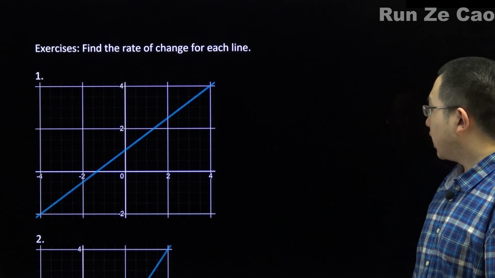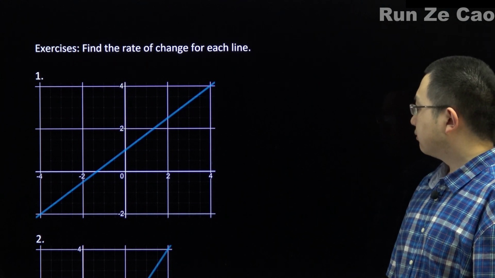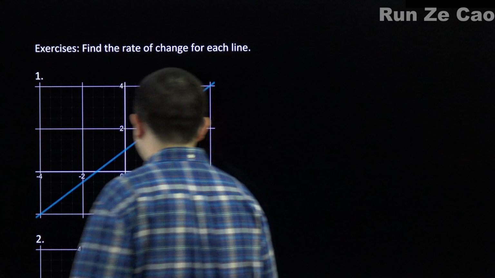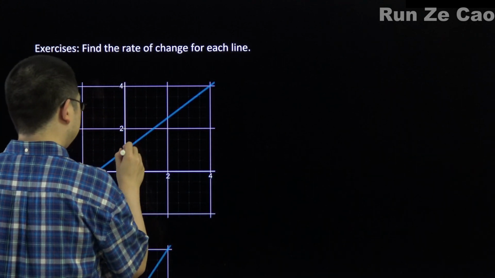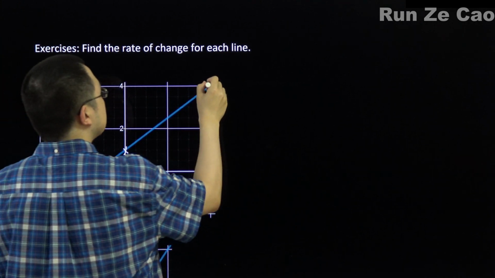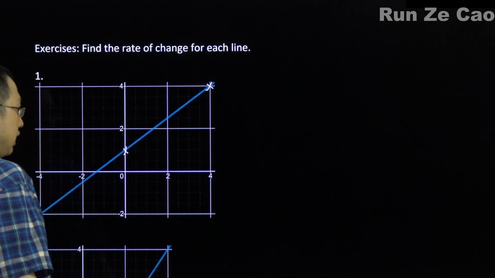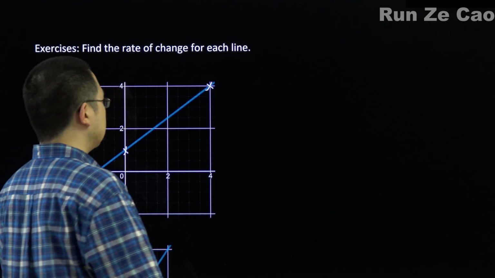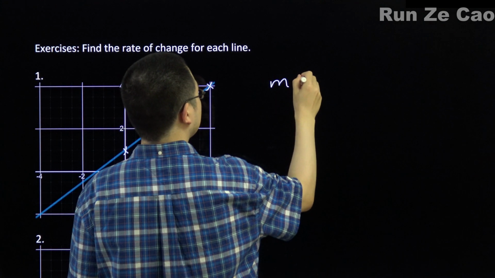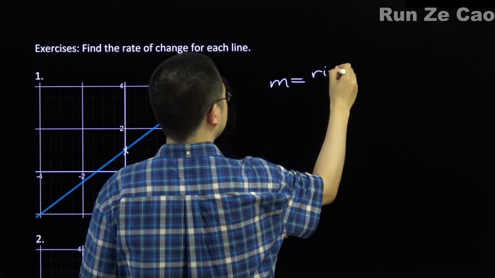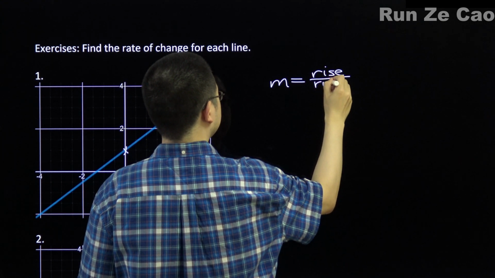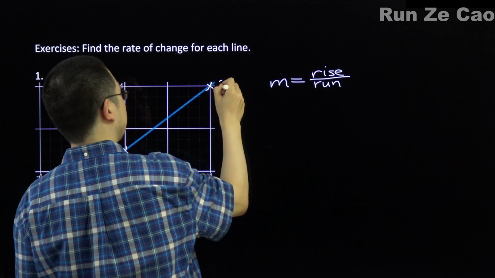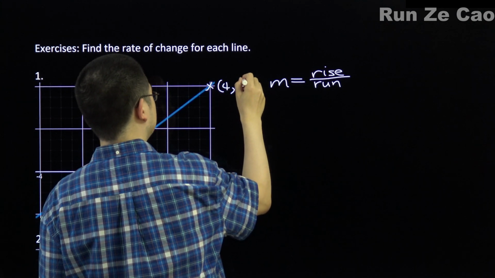Exercises. Find the rate of change for each line. What this means is that you mark down 2 points that happen to land on the coordinate grid, and you use m equals rise over run. This point up here is 4, 4.